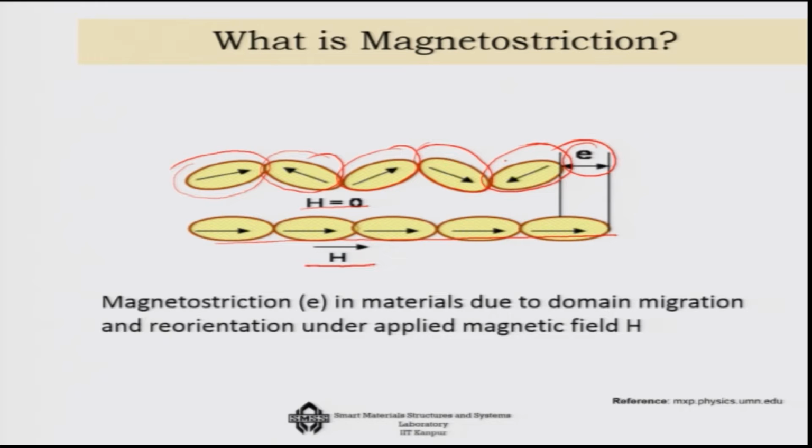That means the whole sample changes its length. This process, we also say, is due to domain migration and reorientation. That is the way we technically define this term. So, under the effect of a magnetic field, the domain migration and reorientation of the magnetic domains causes the magnetostrictive effect in such a system.